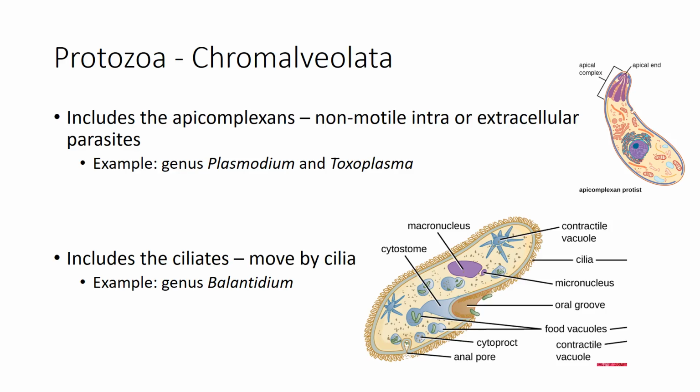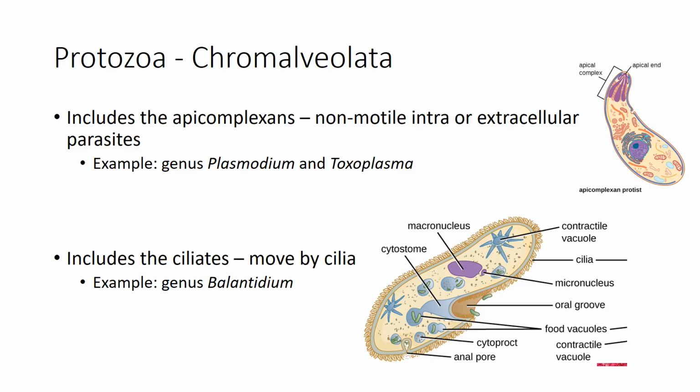Moving into our next group, it's got kind of a complicated name, but within this group we have apicomplexans and ciliates. First, let's look at the apicomplexans. Apicomplexans are not motile. They are always parasites, and by non-motile, that means they do not have pseudopods, flagella, or cilia.